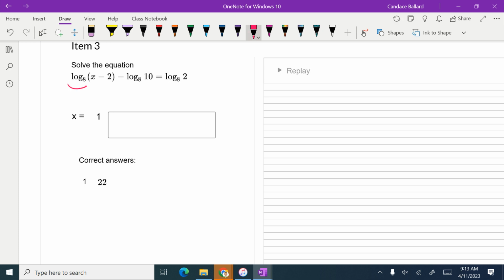So these get combined together into one log. It's log base 8 of x minus 2 over 10 equals log base 8 of 2. I want to see your condensing step. Don't make the logs disappear until you've shown that you've condensed it.